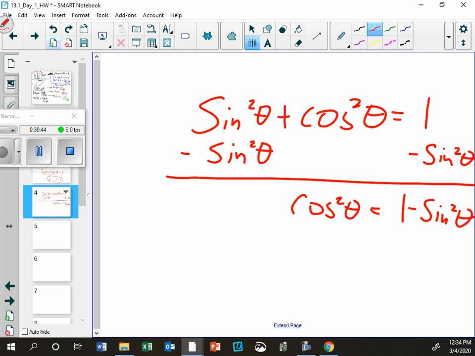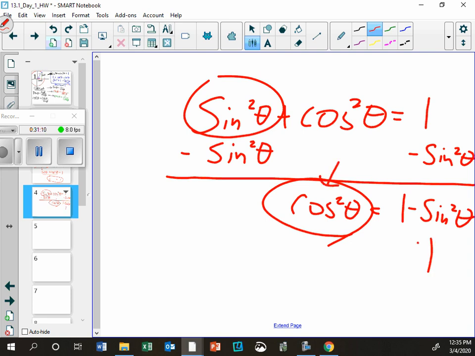So if you ever saw just a cosine squared in a problem, you could replace it with 1 minus sine squared. Can you do that in your head fast enough? If cosine squared is 1 minus sine squared, what do you think sine squared would be? 1 minus cosine squared. Yes? I feel like you can rearrange it like that. You do not have to show your work even off on the side. If you just instantly replace this with that, I'd be totally okay with it because it comes from a fact that's on our sheet. It's a derivative of a fact that's on our sheet.